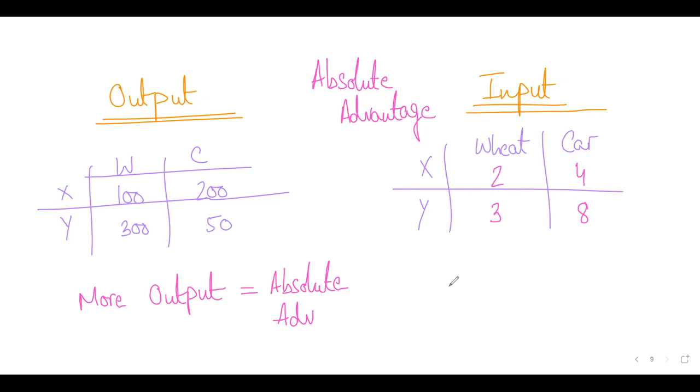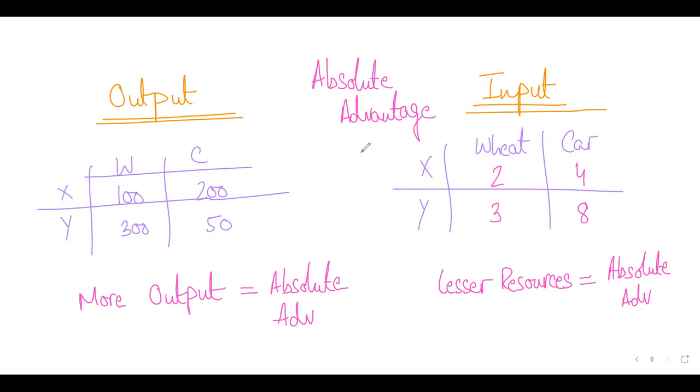And if lesser resources are needed, or lesser inputs, same thing, lesser resources means absolute advantage. Any confusion so far? Easy. Now moving on, great, perfect.